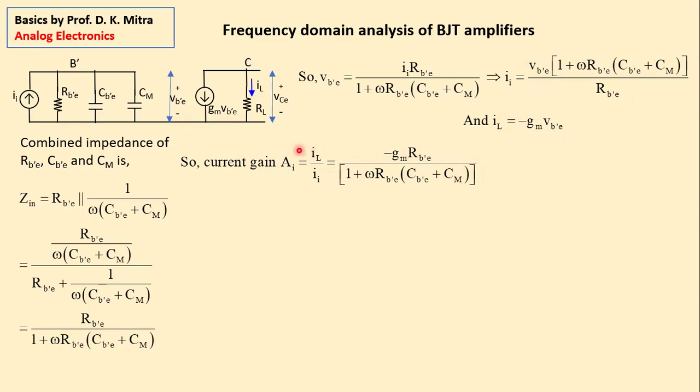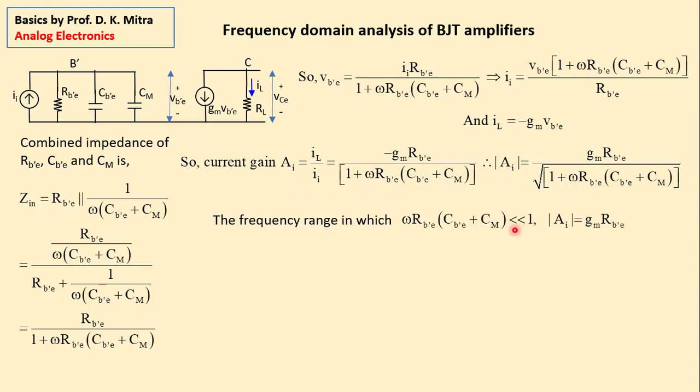We have almost reached the target. If this is the current gain, the magnitude of this current gain is g_m R_B'E divided by the whole under root of 1 plus this thing squared.